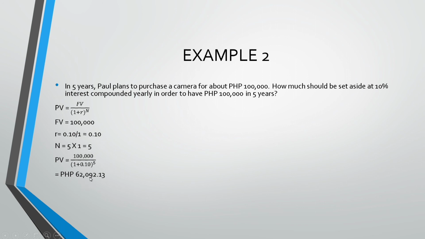So that is the present value. If invested, it will reach 100,000 in 5 years, compounded yearly at a 10% interest.